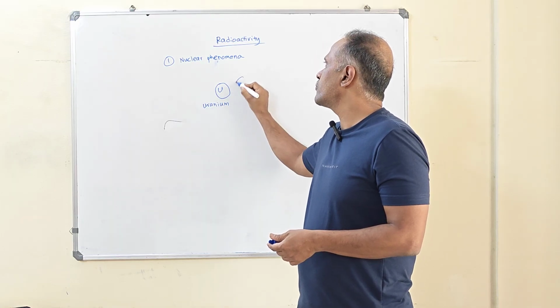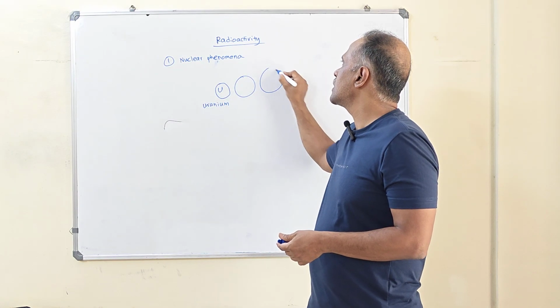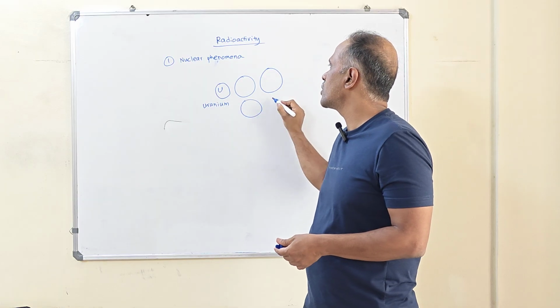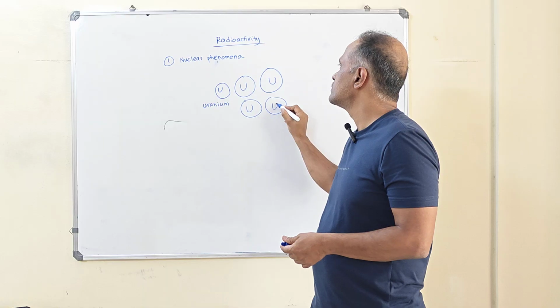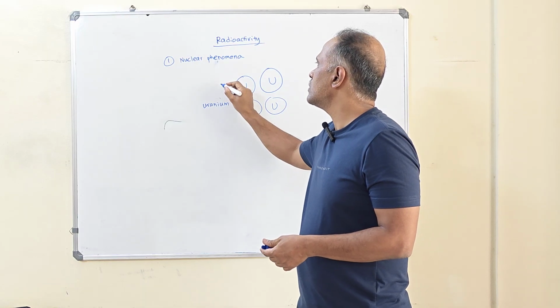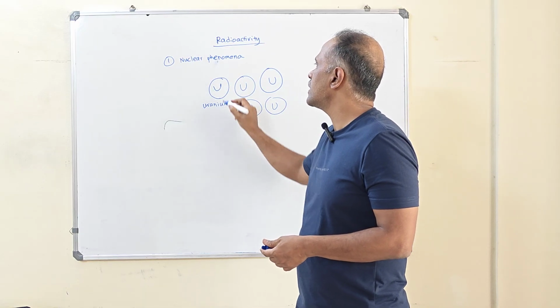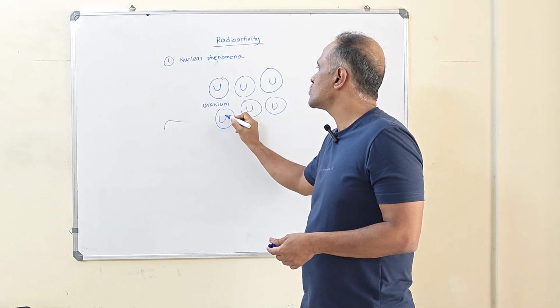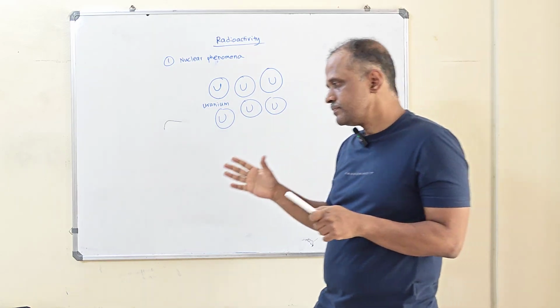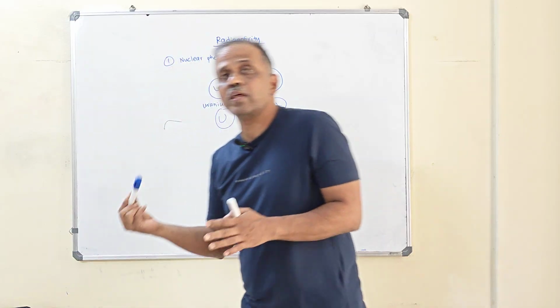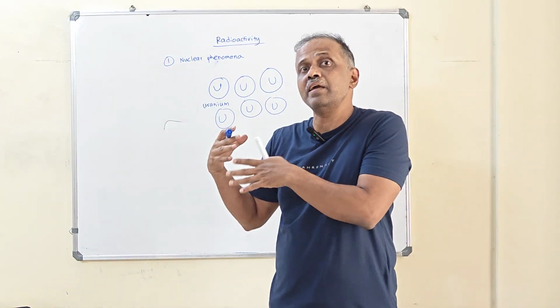Supposing I have a certain number of uranium atoms, all of the same size, since atoms of a similar element are alike except isotopes. Now are all these uranium atoms emitting radiation?